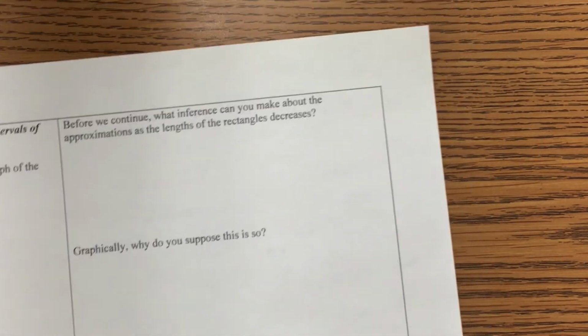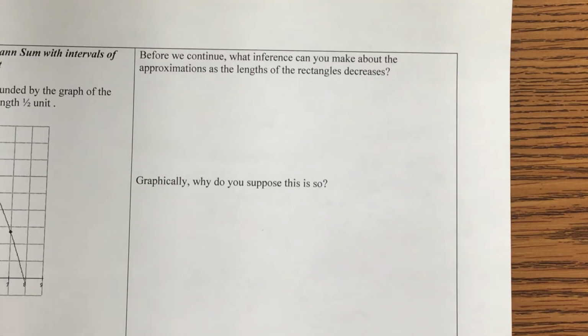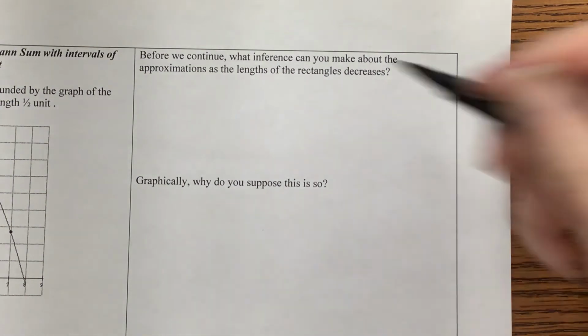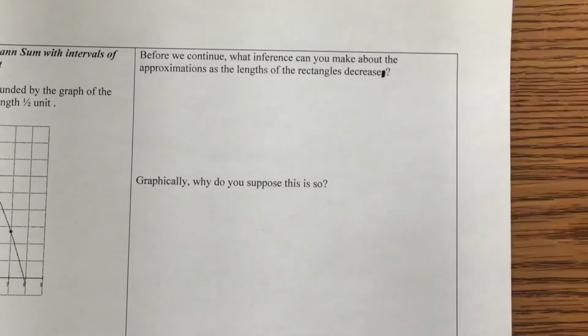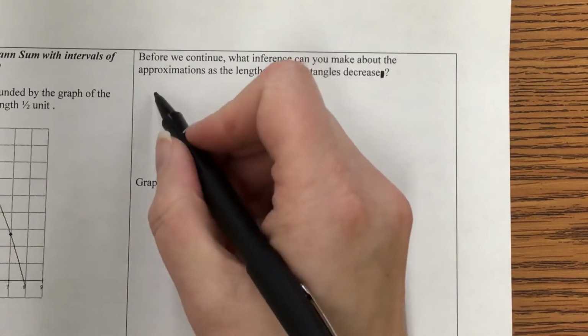All right. So before we continue, what inference can you make about the approximations as the lengths of the rectangles decrease? As the rectangles get skinnier, we get a better and better approximation.